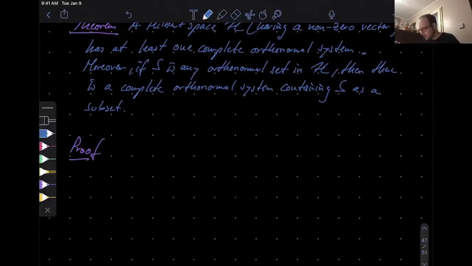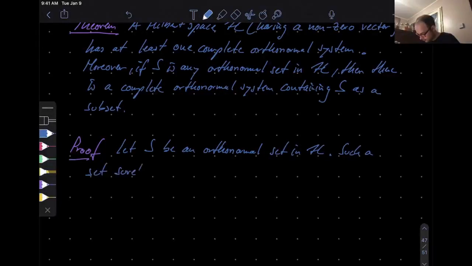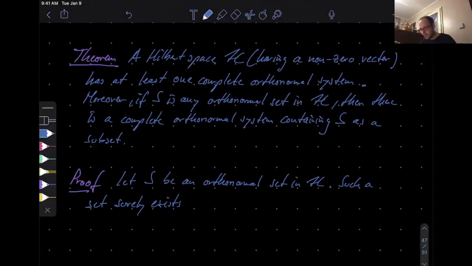We're going to start with, let S be an orthonormal set in H, any orthonormal set. Now such a set surely exists, because by assumption my vector space contains at least one non-zero vector.